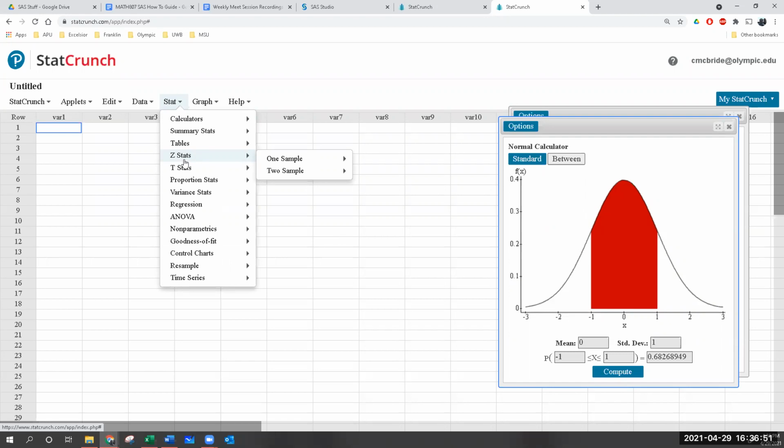Now, of course, you can run just about everything in Excel to double check your work as well, and learning those skills is awesome. But most of you have lives and don't have time to learn all that Excel stuff. And this is a much quicker, easier thing to learn, especially because there are literally thousands of videos on YouTube showing you how to do anything and everything you would want to know how to do in StatCrunch.